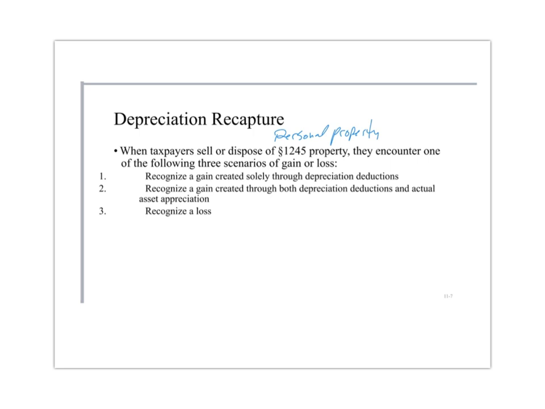You recognize a gain solely because of depreciation deductions, you recognize a gain created through both depreciation and actual asset appreciation, or you recognize a loss. So you've got those three situations.